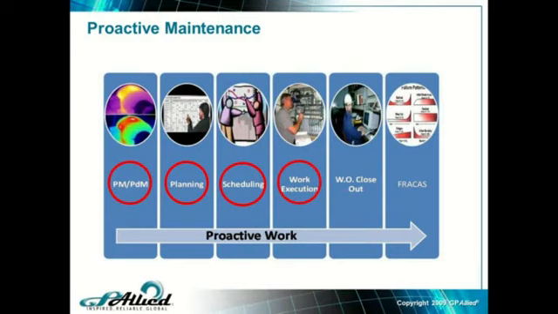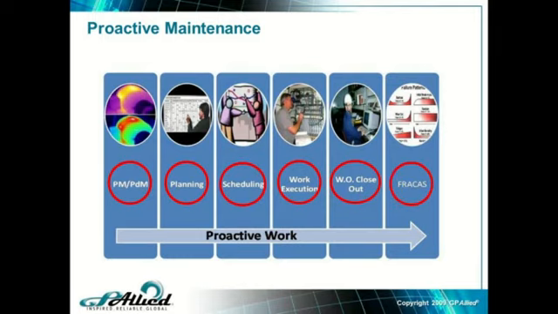Now here's where it comes into some of the problem. Are we executing the work correctly so we don't have failures? And then the work order closeout. Do we put the right codes in? Do we put the right information in so we can do some analysis later in case we do have either rework, repetitive failures, or whatever? We can find out what's going on.